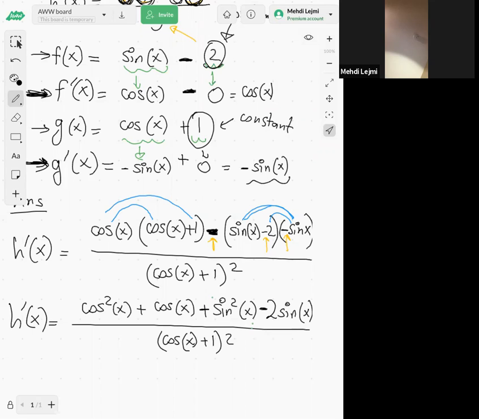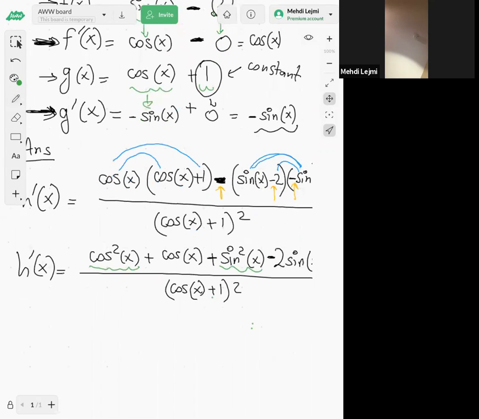And again, here, I'm trying to simplify my h prime of x because, as you can see, I have cosine square plus sine square, and that's equal to 1, right? That's a trig identity. Cosine square plus sine square is equal to 1. So then my h prime of x. Thank you, Robert. I got you. So cosine square plus sine square, that's 1.